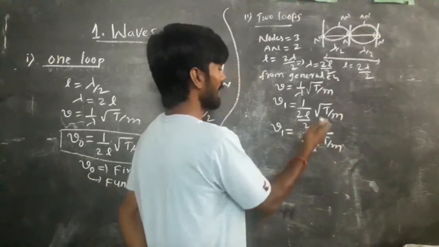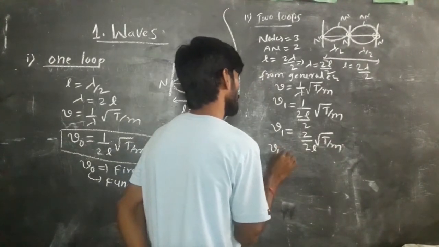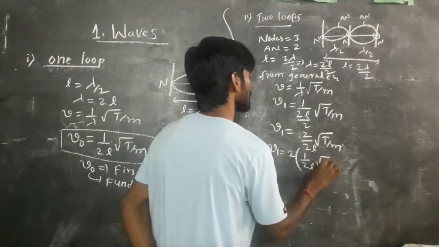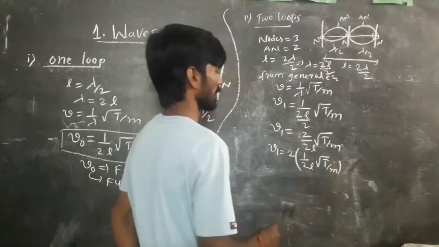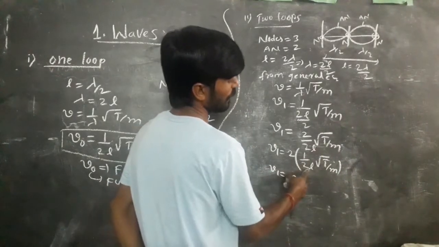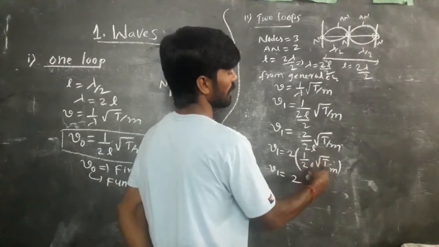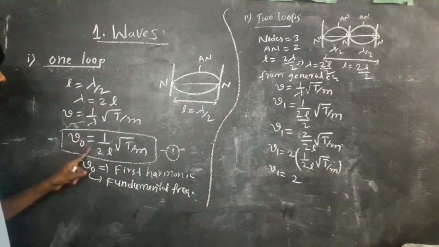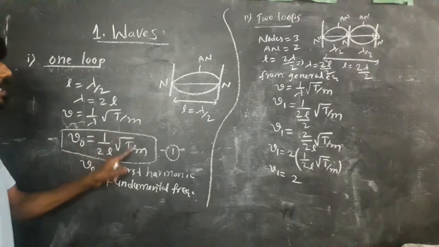I am changing this line: mu 1 is equal to 2 of 1 by 2l into under root d by m, which is equal to 2 into mu naught. Mu naught is equal to 1 by 2l into under root d by m.